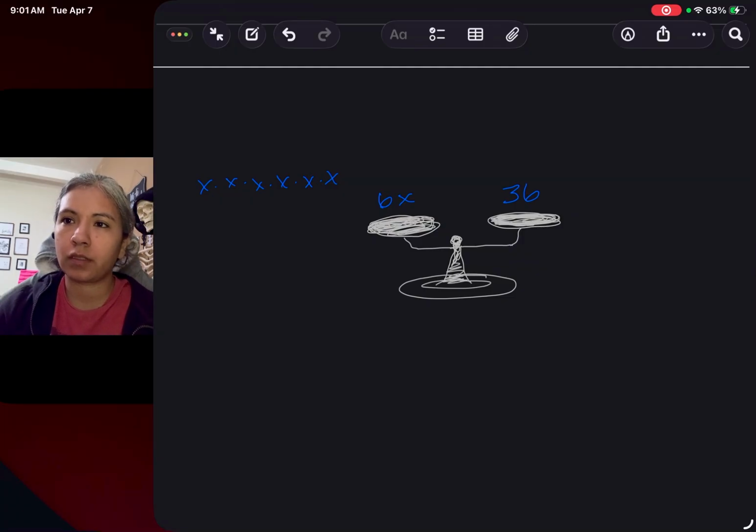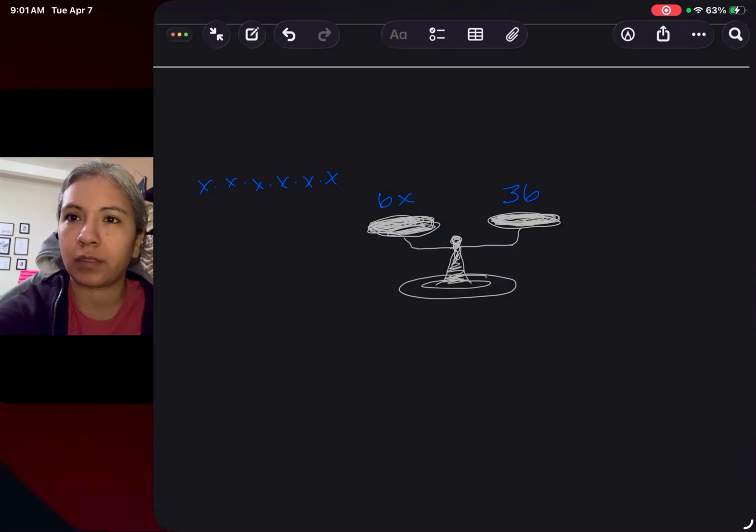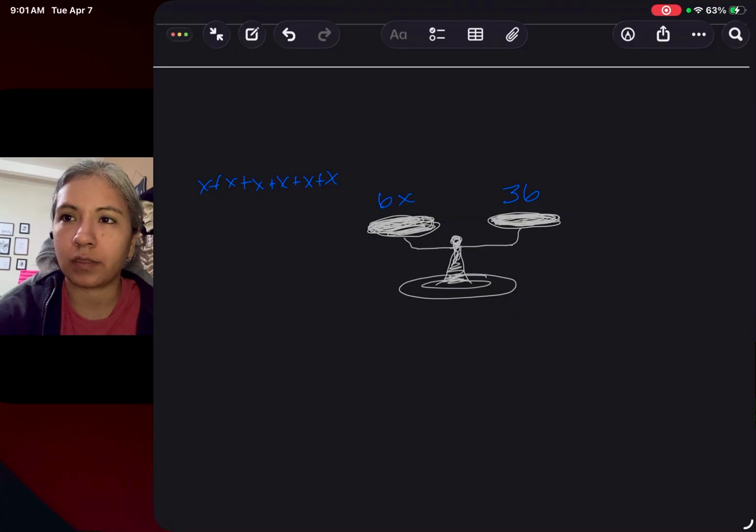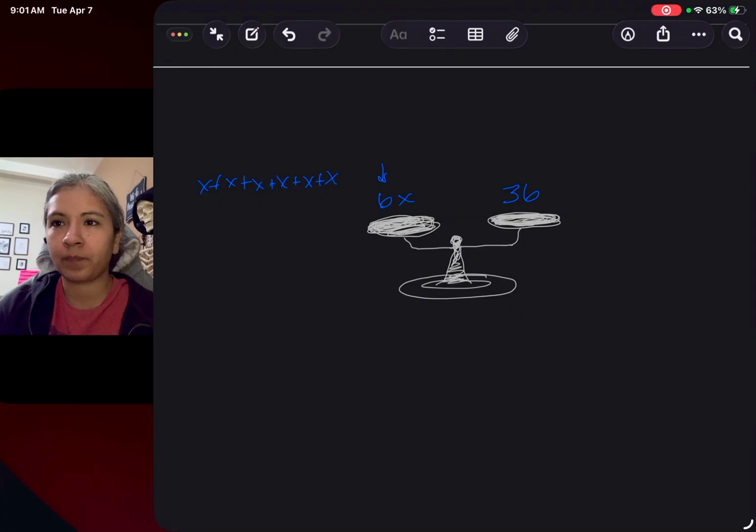Sorry, wrong operation. That's 6x. But we can't do anything to get x by itself that way. So this is called the constant, right? That's the constant number.